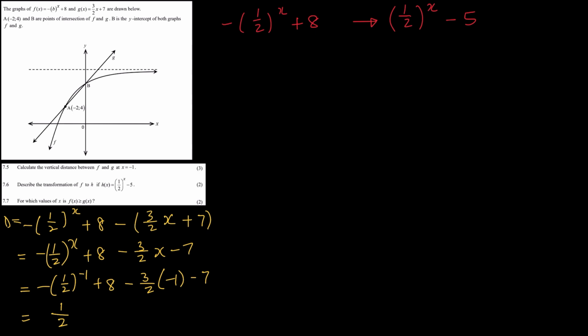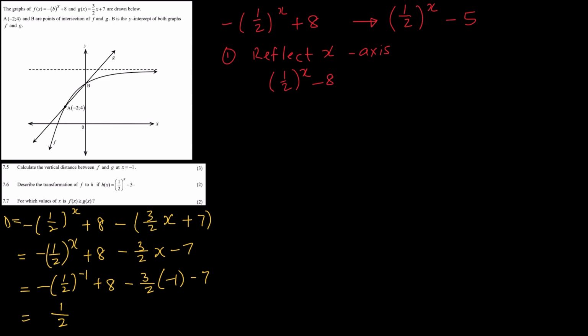So to change that negative half to the power x to a positive half to the power x, that's going to be a reflection in the x-axis, right? So what's happened is, if you reflect on the x-axis, you keep the x and you change the whole y value. So if you reflected the original in the x-axis, that minus half to the power x becomes positive half to the power x, that plus 8 becomes minus 8.